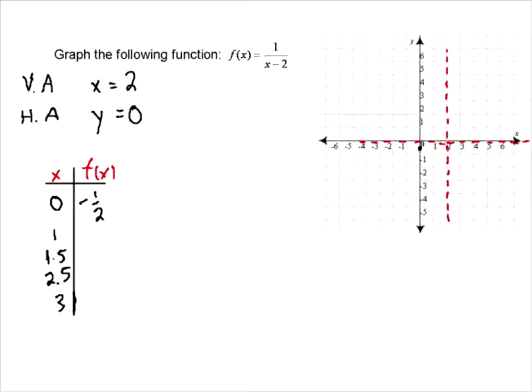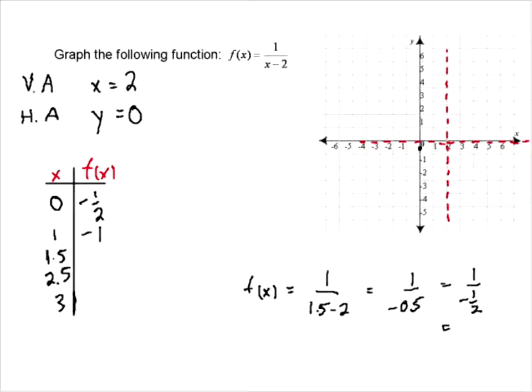So when I put x equals 1 in here, I'm going to get 1 over 1 minus 2, so that's 1 over negative 1, which is just going to be negative 1. Now for 1.5, this one might not be quite so easy to do in your head. So we're going to have 1 over 1.5 minus 2. That's the same as 1 over negative 0.5, which is the same as 1 over negative 1/2.